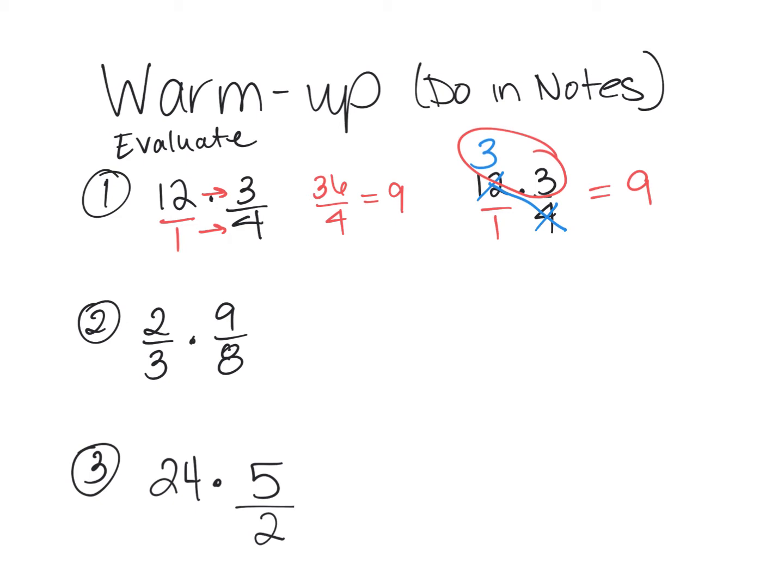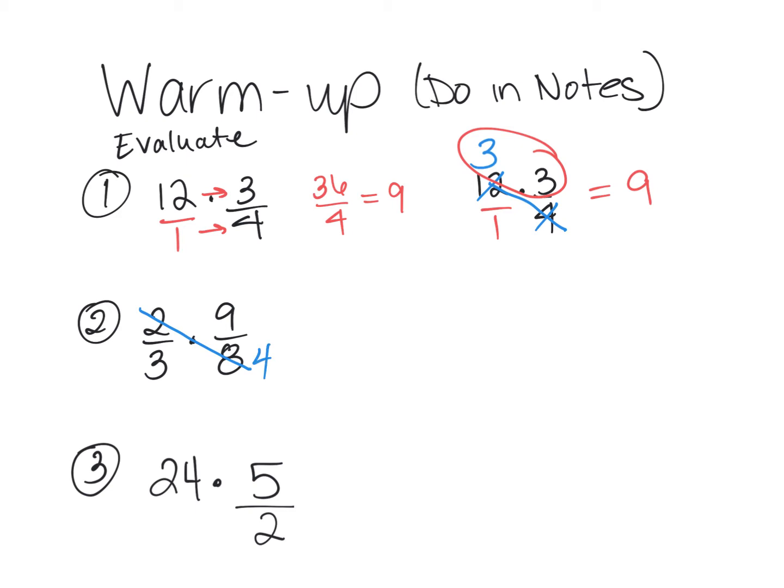Okay. Number 2, fraction times a fraction, multiply straight across or cancel diagonally. Okay, so if I multiply straight across, I get 18 over 24, and then I have to reduce that, right? If I cross cancel, 2 goes into 8 how many times? 4 times.